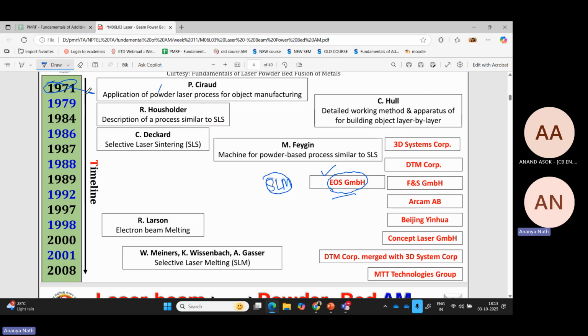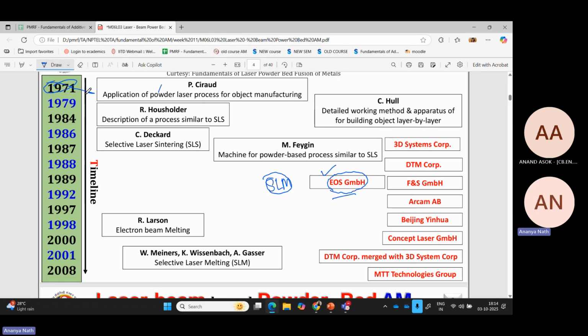And whether your machine is in Europe, India, or Russia, the same process parameters will be used for the same powders, no matter where you're buying the powder. If your powder has the same composition and size distribution, then your part should have the same quality. Quality means first the density.